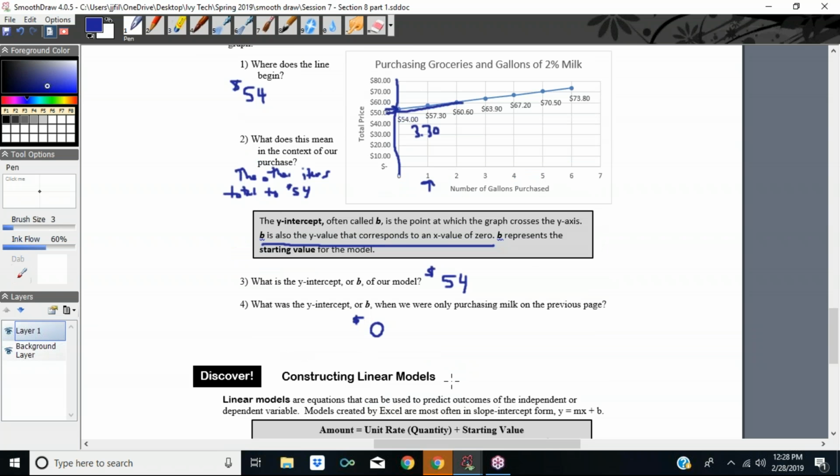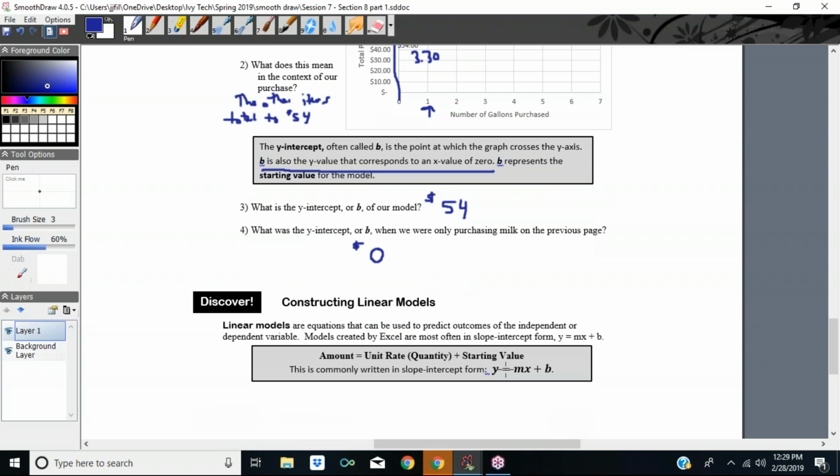So what we're going to do is take a few minutes here and put all this together and construct a linear model. So a linear model has this form: y equals mx plus b. y is the final amount, m is the unit rate or the slope, x is the quantity, and b is the starting value.